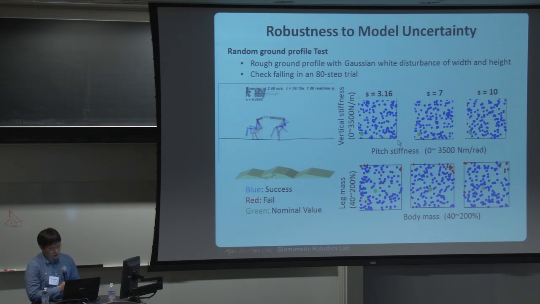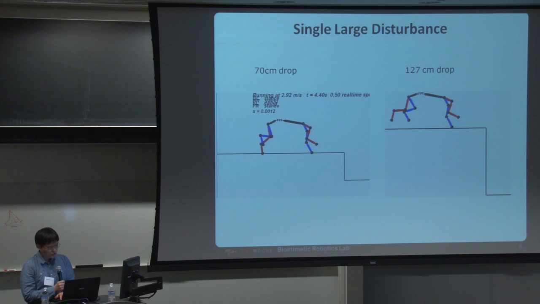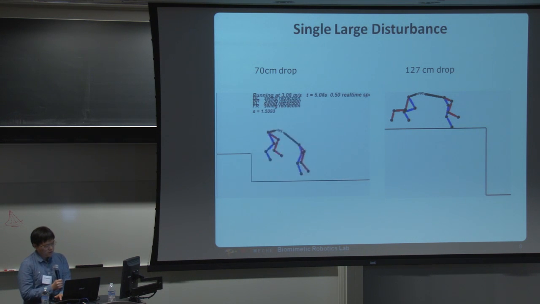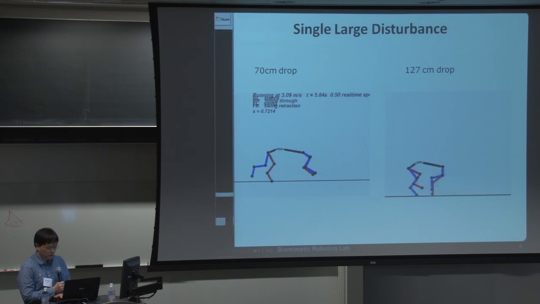And we perturb the pitch stiffness and vertical stiffness, the pitch and height gain on the virtual spring. Over a wide range of the vertical spring stiffness, we can finish the AD step trial. And then we perturb mass, and it still gives a pretty good result. And this is a 70 step down, and a 120 centimeter step down with 25 Newton meter actuator saturation.